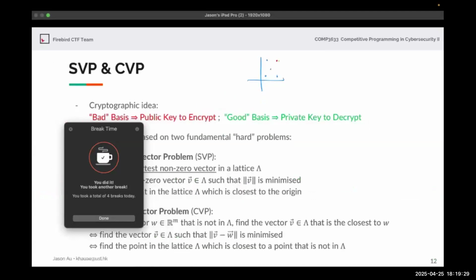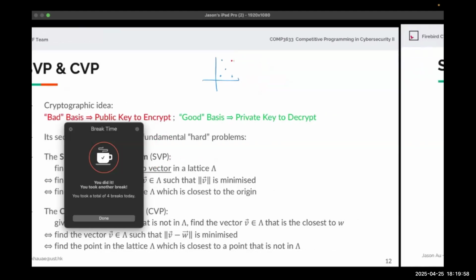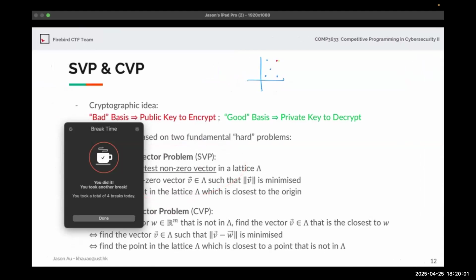If you don't have the good basis, it's very difficult to recover from the green dot to the red dot. So this is the closest vector problem: we have a point not in the lattice, but we need to find the point in the lattice that is closest to that point. But today we will only talk about the shortest vector problem, because it's a little bit simpler.